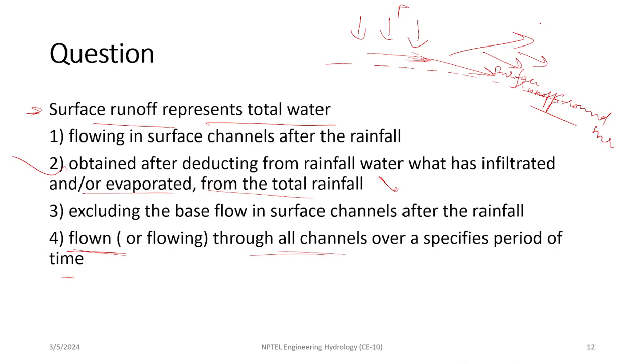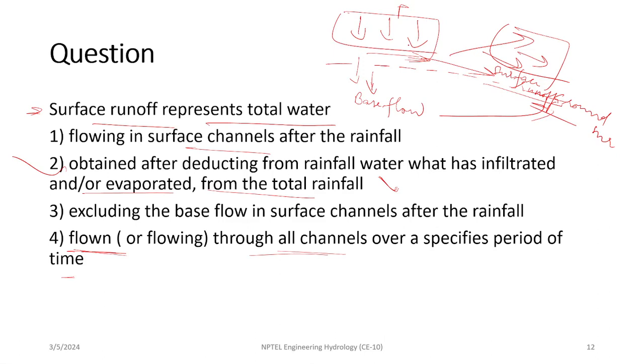Sources could be anything. Definitely there will be a surface channel, and whatever water gets infiltrated is contributing as base flow, and it can also return finally at some location and contribute as surface runoff, definitely. But this time it is not asking about the sources; it is asking in a general sense that surface runoff represents total water, so in terms of quantity, in terms of precipitation.